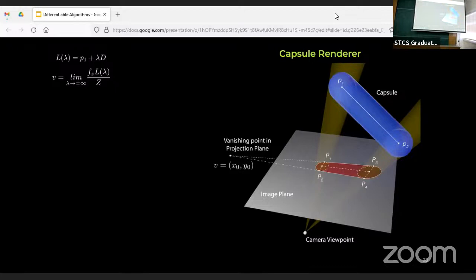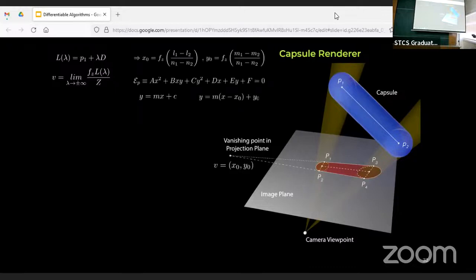So the projection of this line on the plane might be a finite line segment, depending, after normalization. So when viewed from the camera, if we look at this tube going along this line, it would appear to converge at a point. So that is the vanishing point, which is given by x0 and y0.